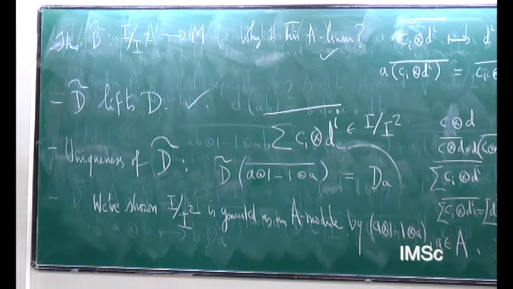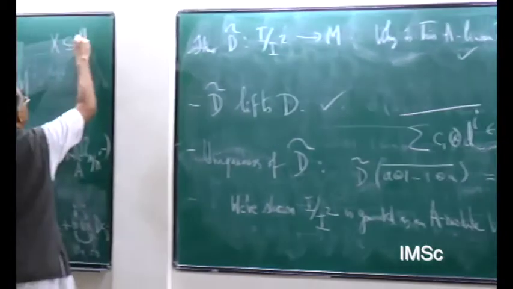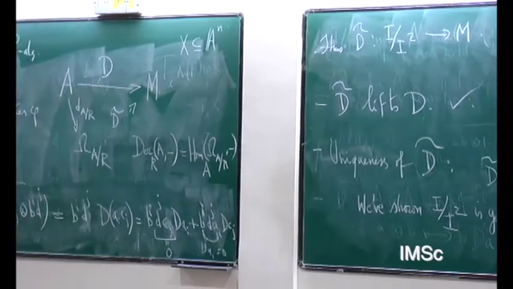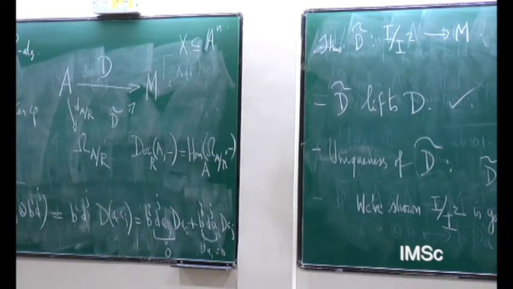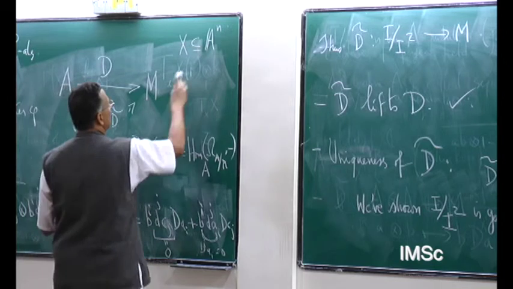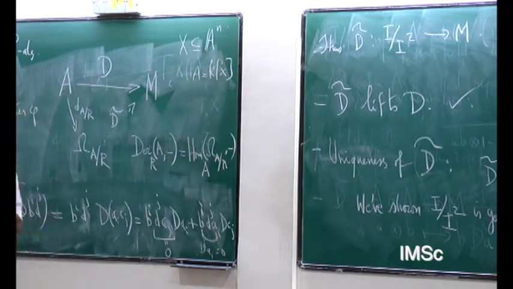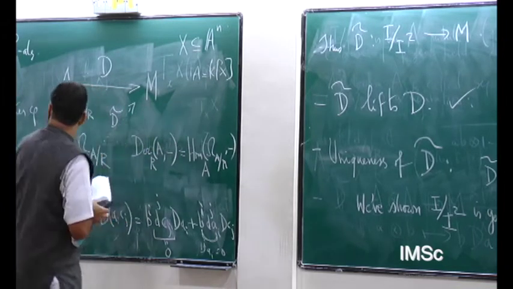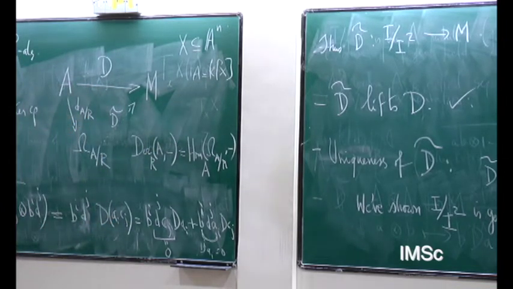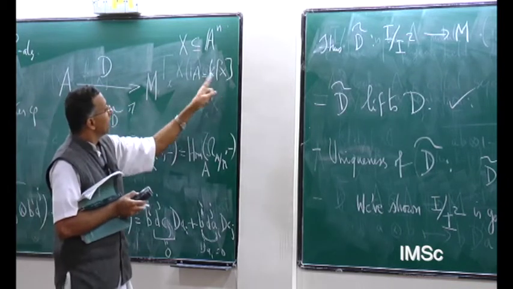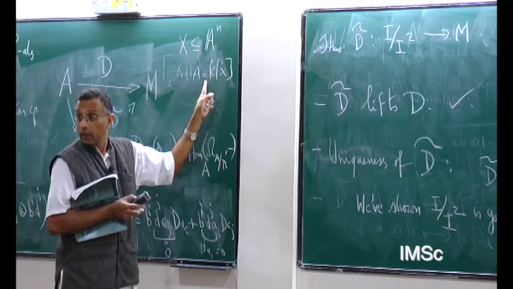That's like pulling back the cotangent bundle from X. So X is the affine variety. It's sitting inside A^n, and our A is K[X]. R is K, and we are interested in constructing omega of A over R, that is omega of this ring of functions over K, right?